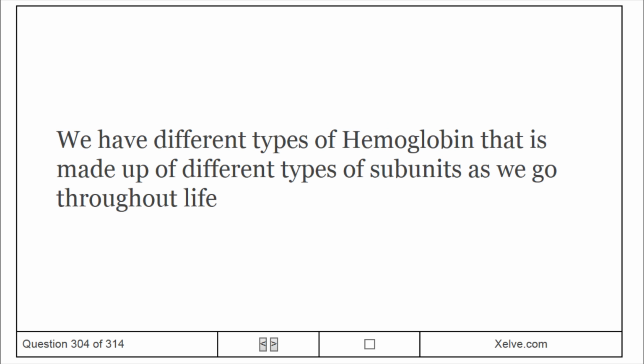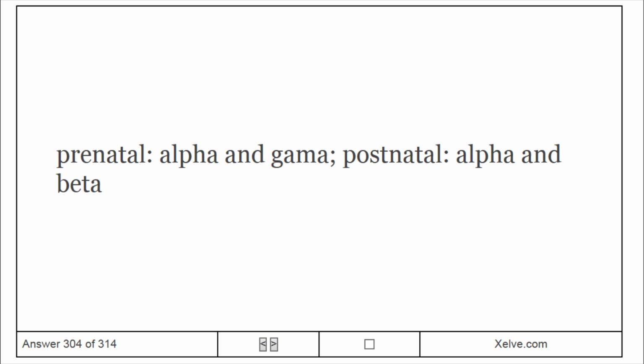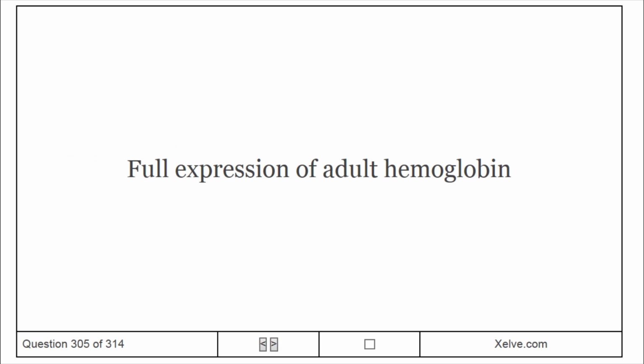We have different types of hemoglobin made up of different types of subunits as we go throughout life. Prenatal, alpha and gamma; postnatal, alpha and beta. Full expression of adult hemoglobin.